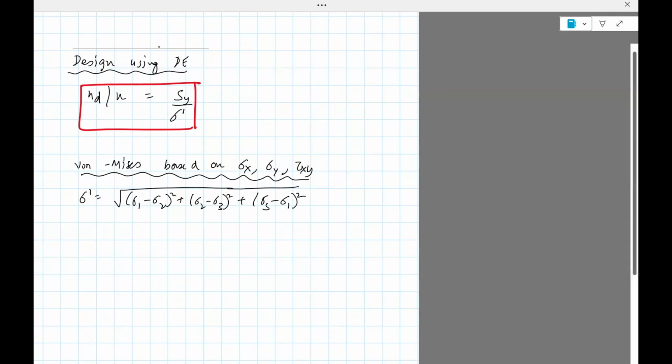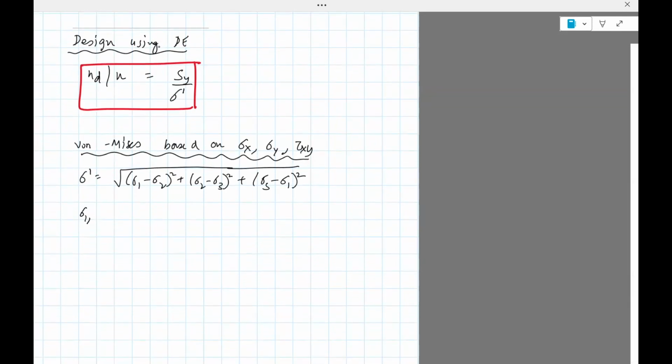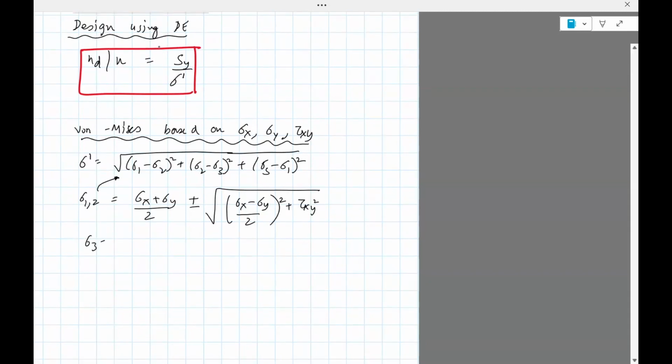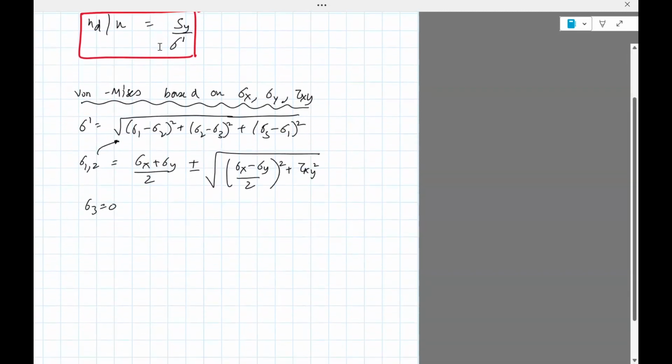We can also relate sigma 1, sigma 2 with tau xy. This is an expression I wrote down a long time back when we talked about Mohr's circle. So what you can do is sub in the value of sigma 1, sigma 2 here, and of course sigma 3 is 0, and then get an expression for sigma prime.